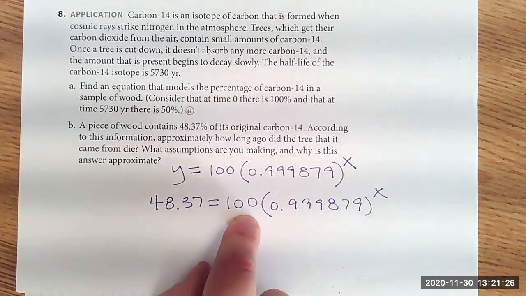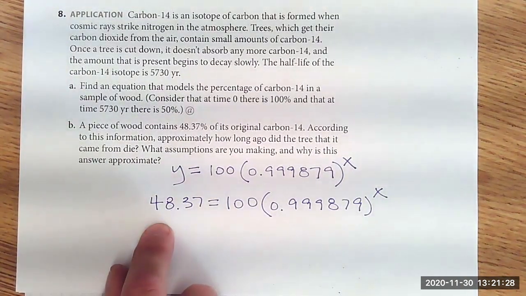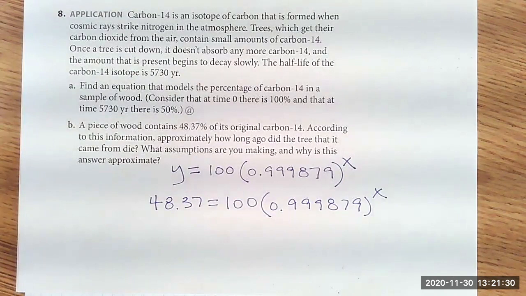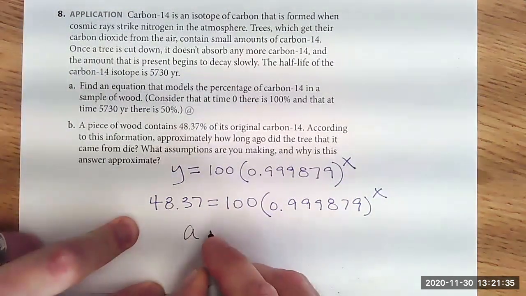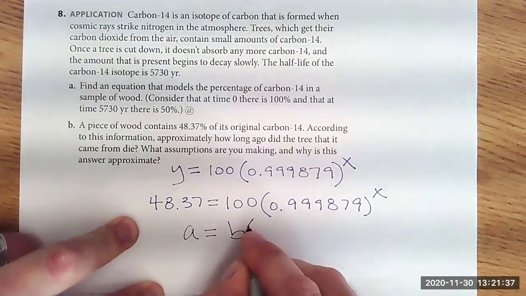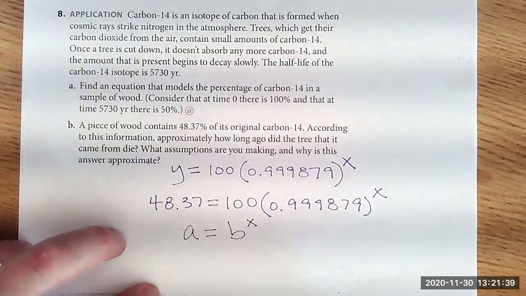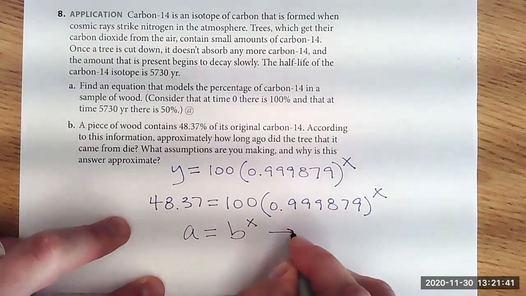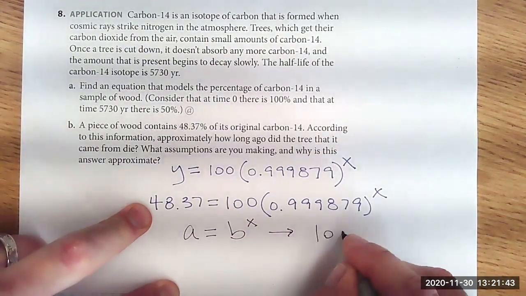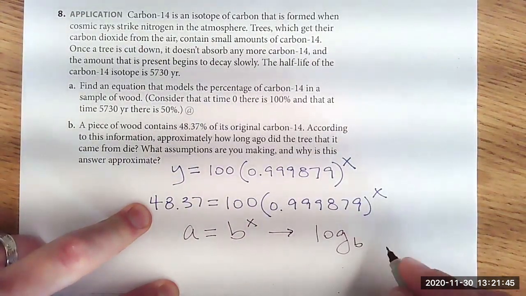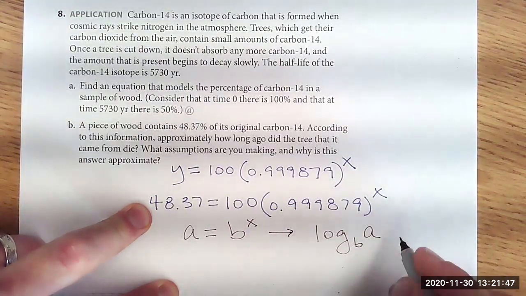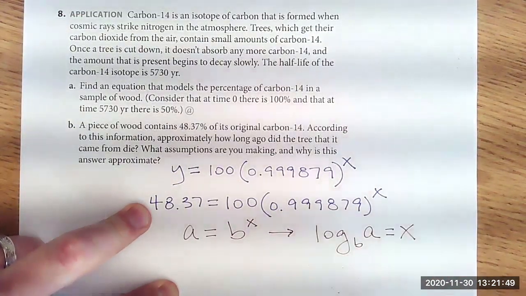Divide both sides by 100. And then you're going to have the equation in the form of an argument equals a base raised to the x power. Rewrite that as log of the base b of the argument is equal to x.